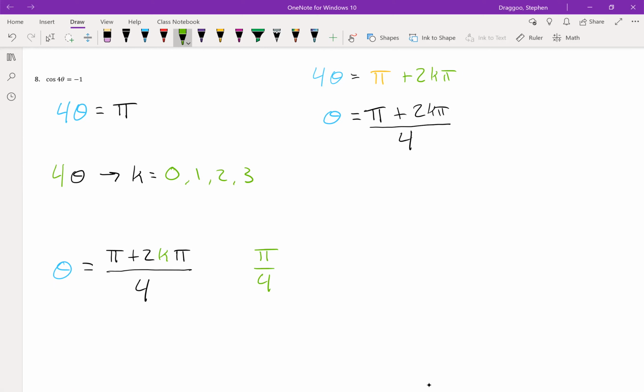Add 2 to get 3 pi over 4. If k is 2, I'll add 4. Then k is 3, I'll end up adding 2 again. So 7 pi over 4. So notice that each time I'm just adding 2 pi over 4 to get from number to number, or angle to angle.